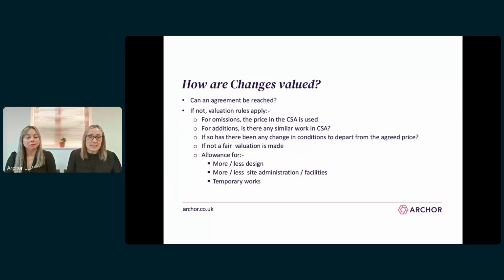If there's not any similar work in the CSA, then a fair valuation is made. That's normally done by reference to market values and what is reasonable at a given time. In addition to this, there are also allowances given for any additional or reduced design work, any additional or reduced site administration or facilities requirements, and any temporary work.